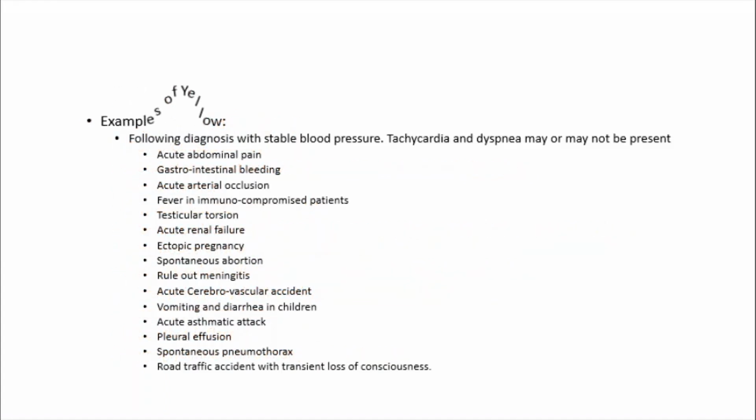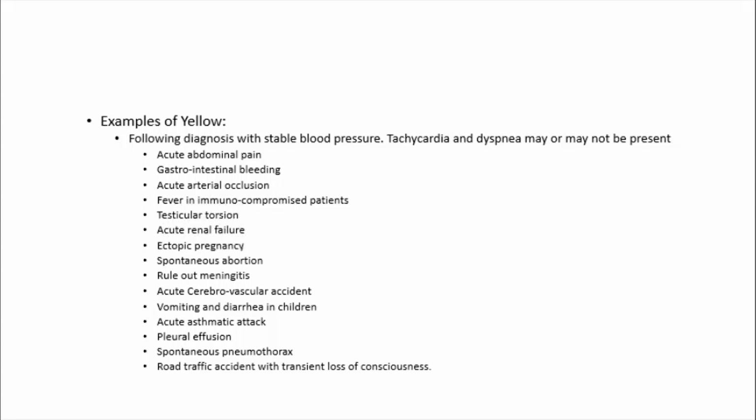Examples of yellow. Following diagnosis with stable blood pressure. Tachycardia and dyspnea may or may not be present. Acute abdominal pain. Gastrointestinal bleeding. Acute arterial occlusion. Fever in immunocompromised patients. Testicular torsion. Acute renal failure.